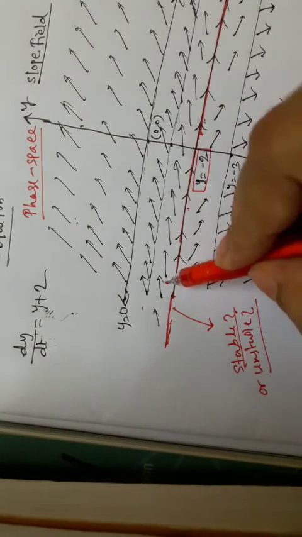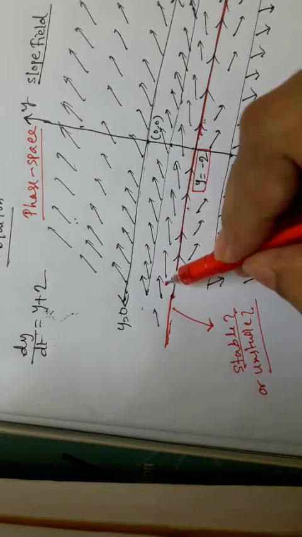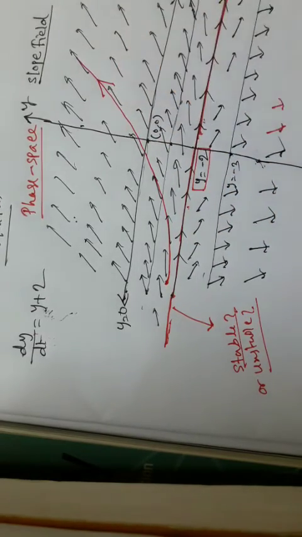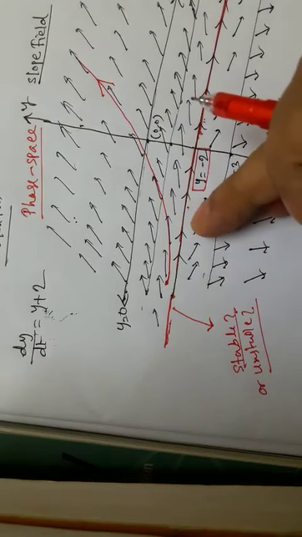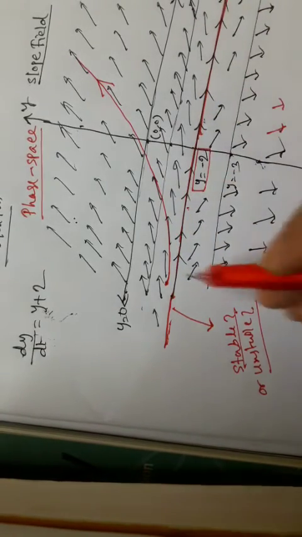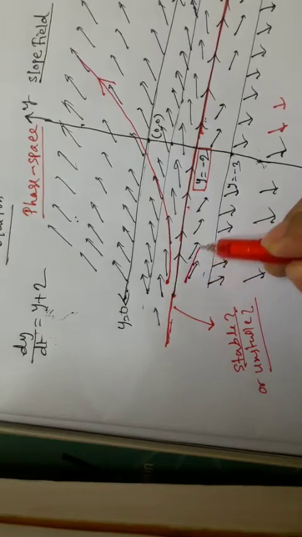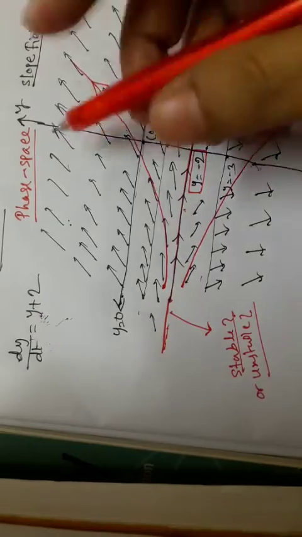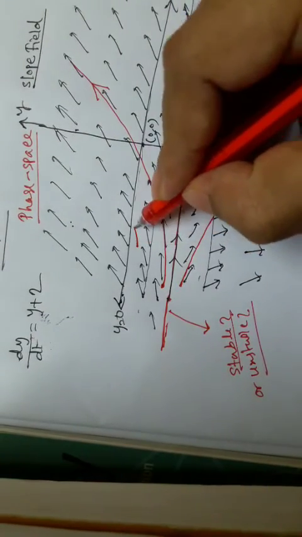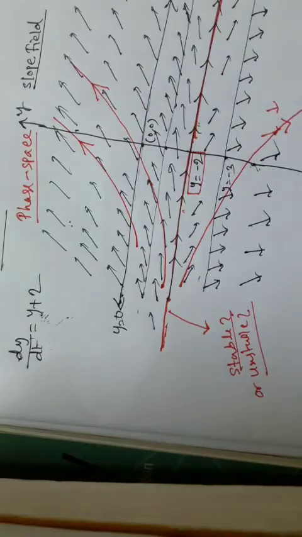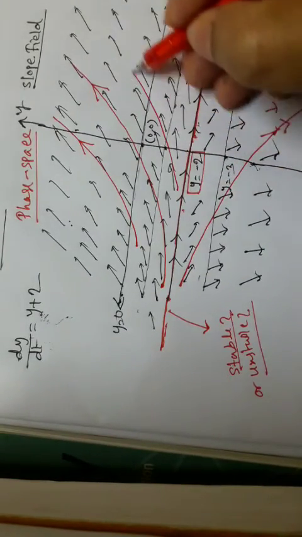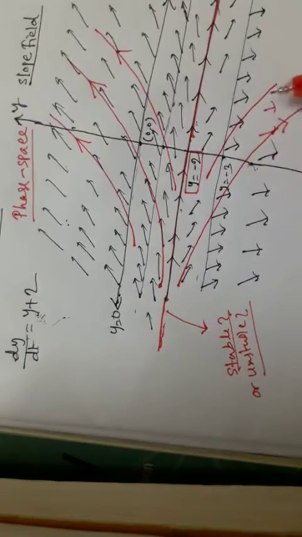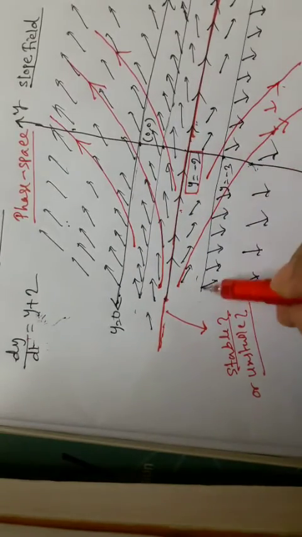So if we stand here, we always move like this, away from the steady state. If we stand in this position, we move like this.